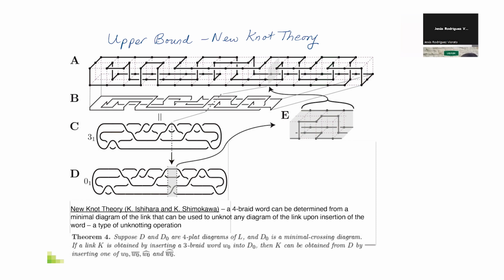That same word or a modification of it, where one is the reverse word and another is the flip word, can be used in any diagram of the link to identify a position, and then insert this word and turn the diagram into the diagram of an unknot.